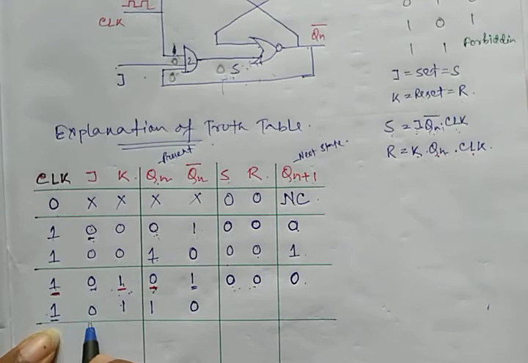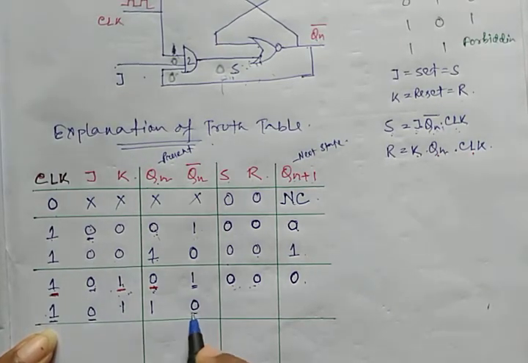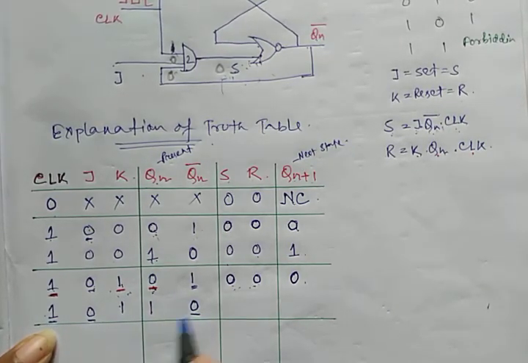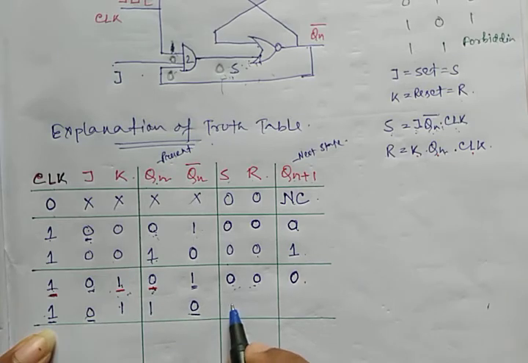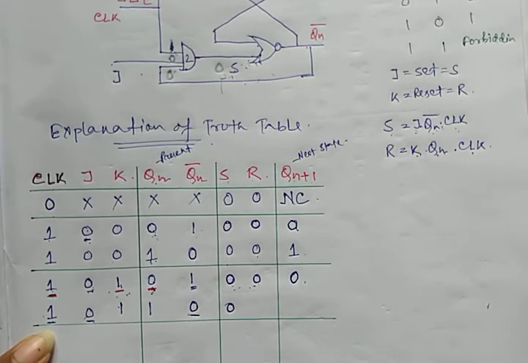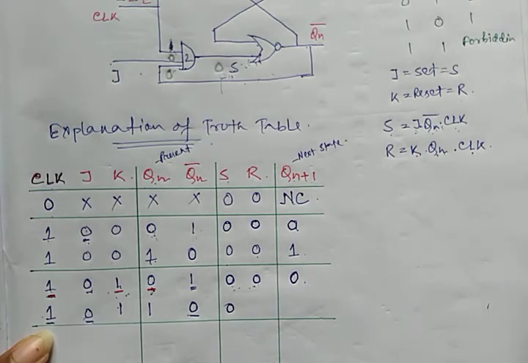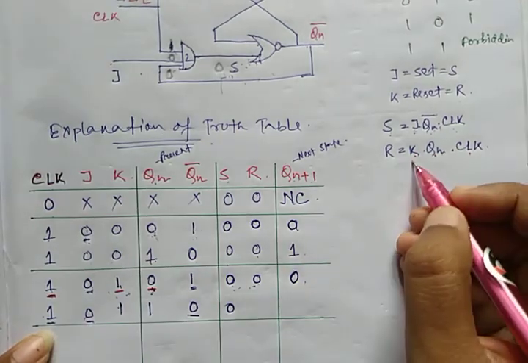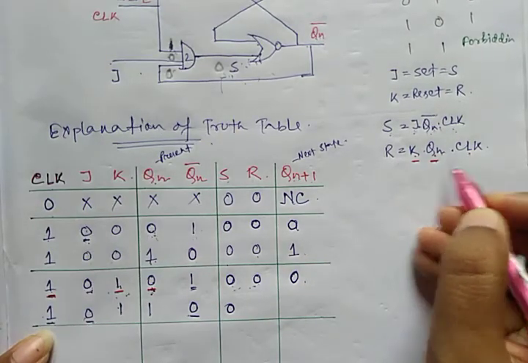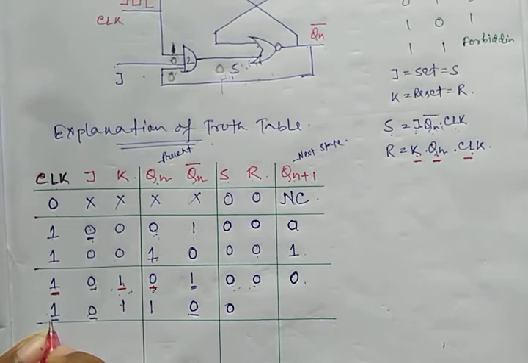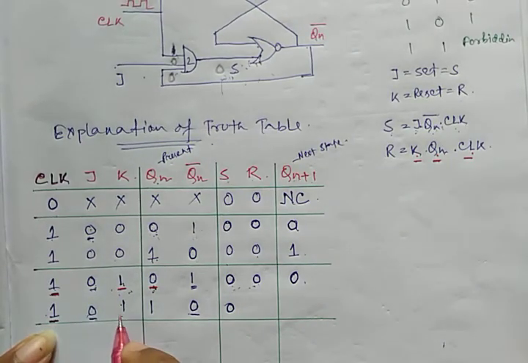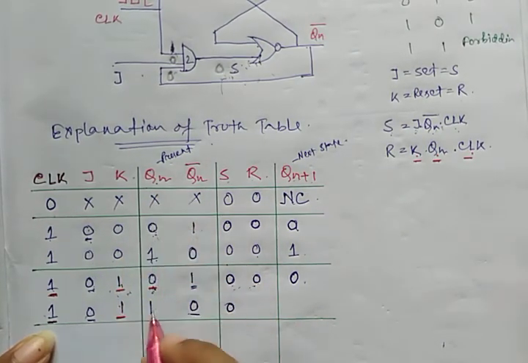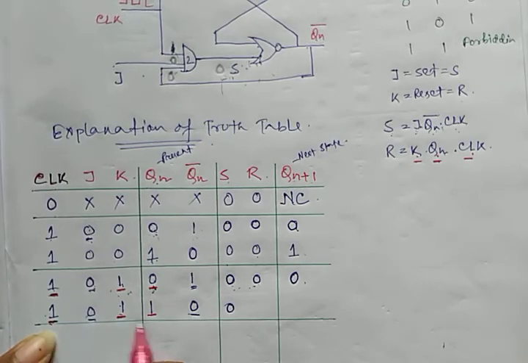Clock is 1, J is 0, Qn bar is 0. You can see one input signal is 0, obviously output is 0. And for the second case, K, Qn, clock. Clock is 1, K is 1, Qn is 1. Both are 1.